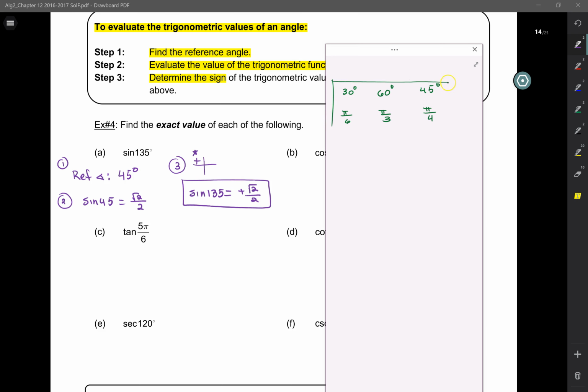Those are all the possible angles. What are all the possible sides? For the 30-60-90, the possible sides are 1 and root 3. And for the 45, it's root 2. Those are all the possible sides.